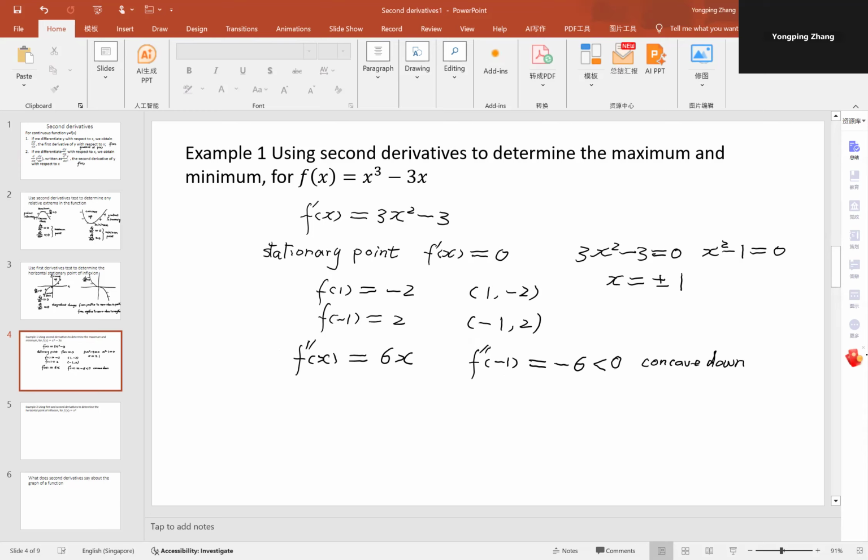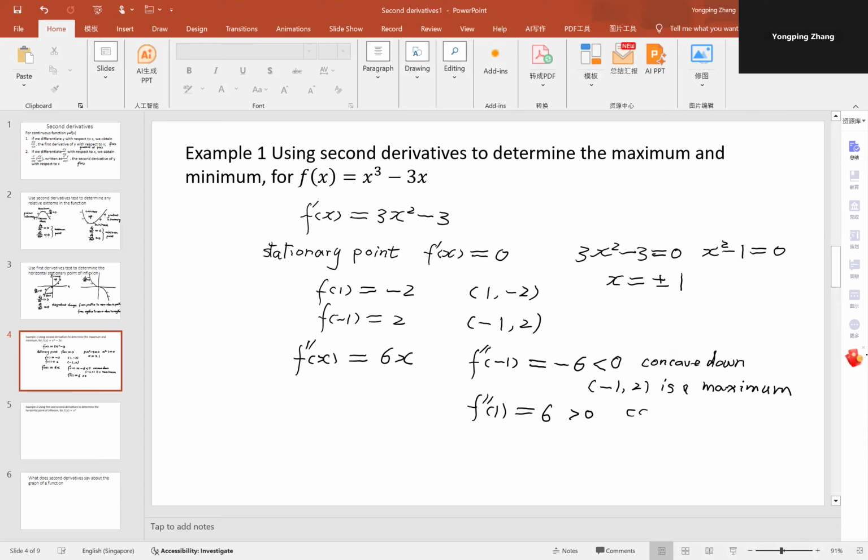So this point (minus 1, 2) is a maximum. The second derivative at x equals 1, equal to 6, is positive.